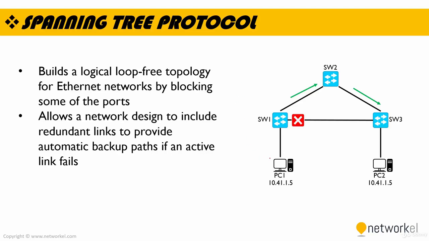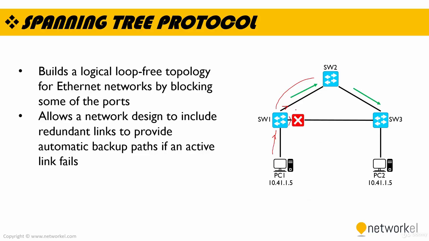Let's think that we are sending a broadcast again from PC1. Switch 1 takes the traffic and floods it from this port, and it's also going to be flooded from this port.